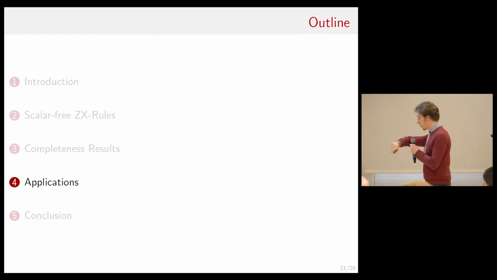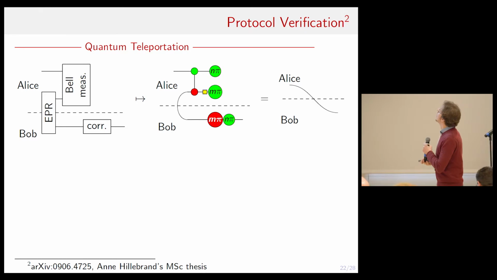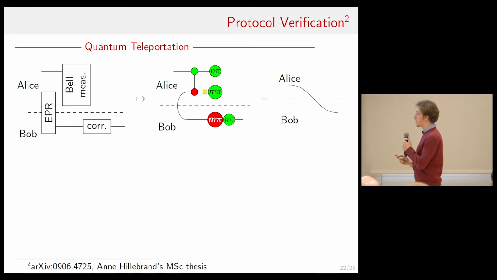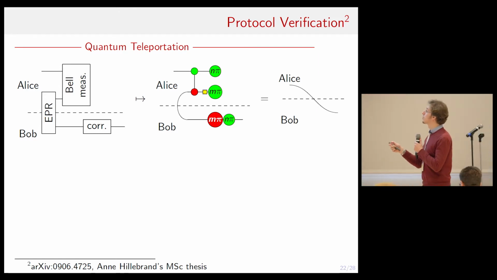Okay, so I want to talk a bit about applications of the ZX calculus. One possible application is protocol verification. For instance, here you have a protocol for quantum teleportation.